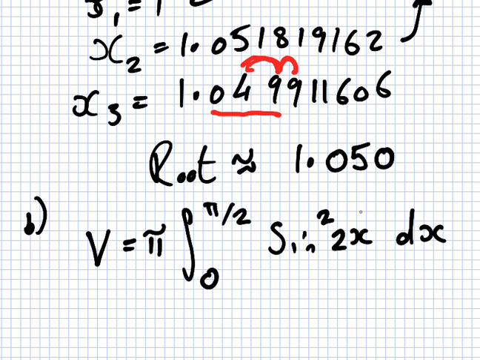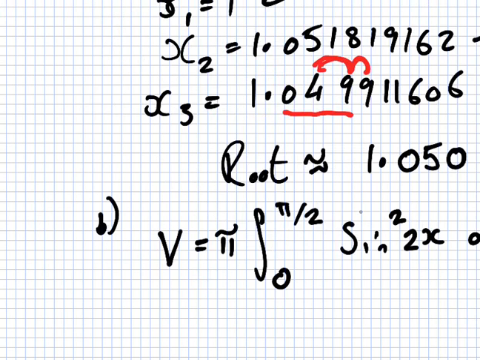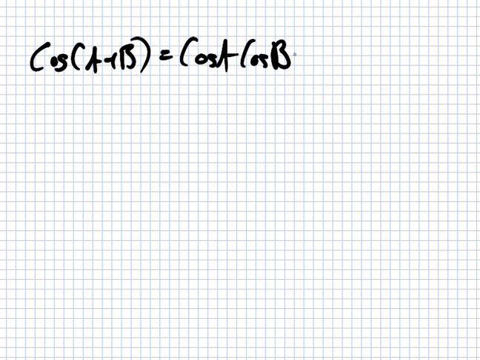Can I go to the side? So on the side here, you know that cos(A+B) is cos A cos B minus sin A sin B. Yeah, so if you want, well, you know what?